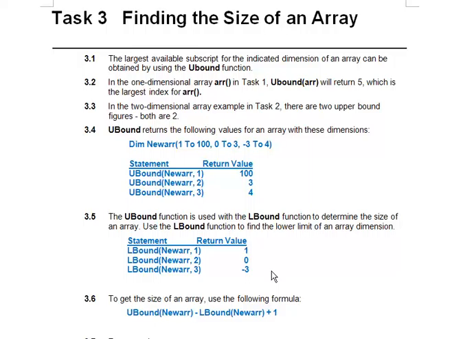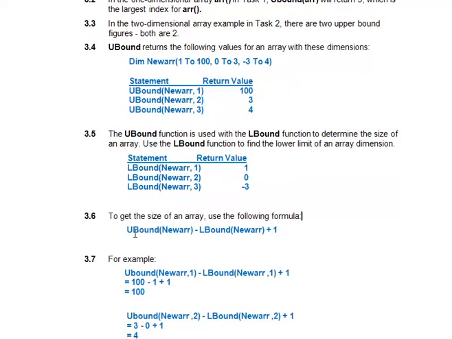So if we need the whole size of the array for each entry, we need to calculate like this: the upper bound of that minus the lower bound of the same array plus 1. It will tell us how many entries we could have in there.